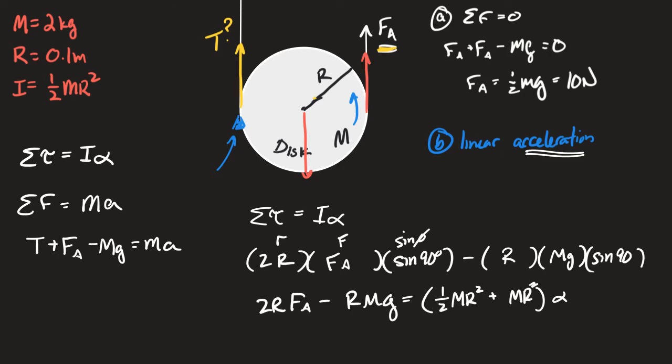That's not what the question asked for. The question asked for the linear acceleration. Now, you can get the linear acceleration, but be careful. We have alpha about this point. So in calculating the linear acceleration, we're talking about the linear acceleration of the center of mass. That's here.